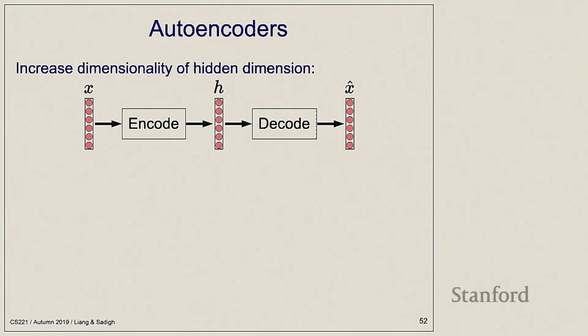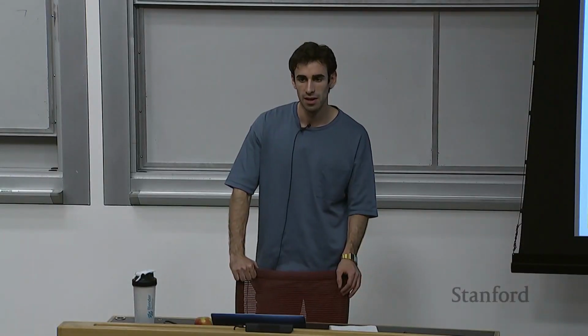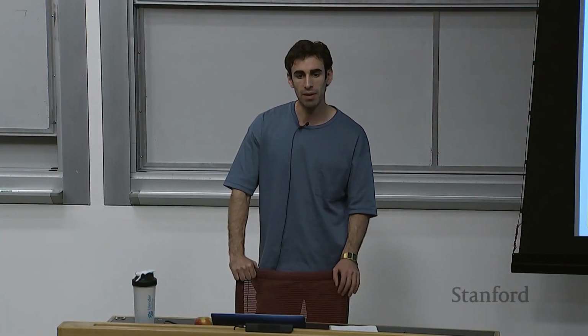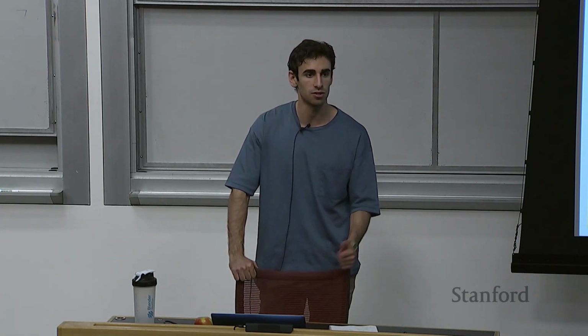But there's a problem. If we have a hidden vector with a bunch of units, then it's not going to learn anything, right? It's just going to learn how to copy inputs into outputs. So a lot of research on autoencoding and this kind of unsupervised learning is about how to control the complexity and make the model robust enough to generate useful representations instead of just copying.